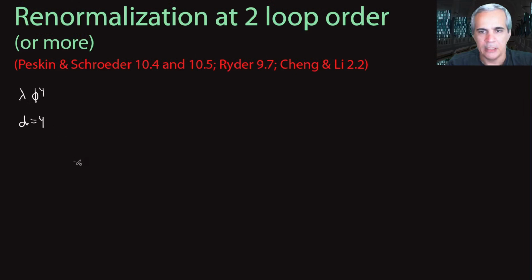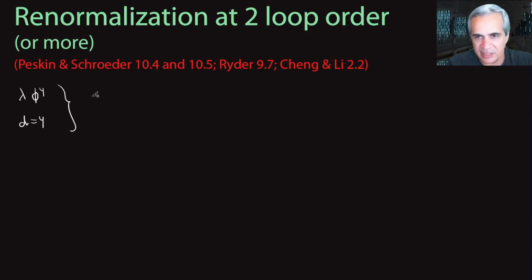When you go to higher loops, there's always this chance that even when the superficial divergence of the whole diagram is smaller than 0, there can be sub-diagrams that are divergent. So let's see an example of that in the case of lambda phi 4.